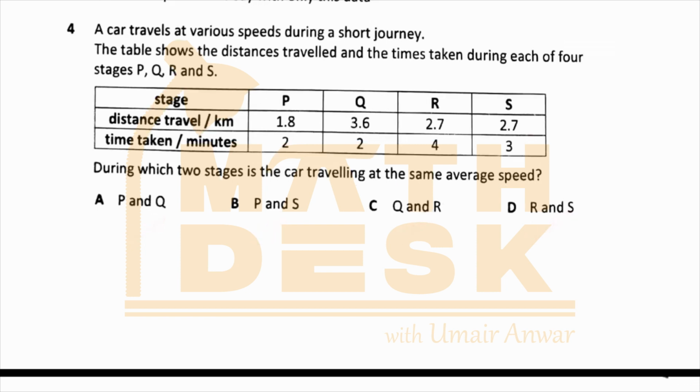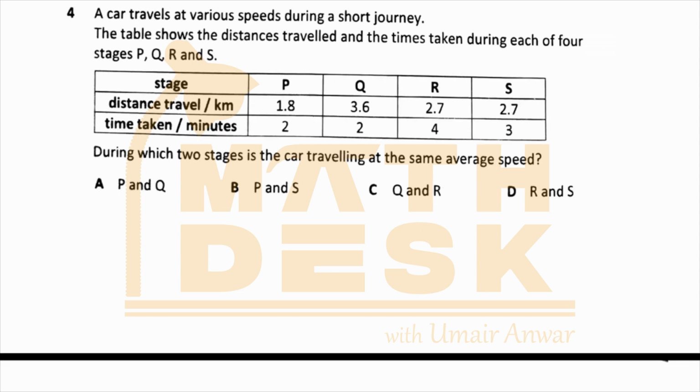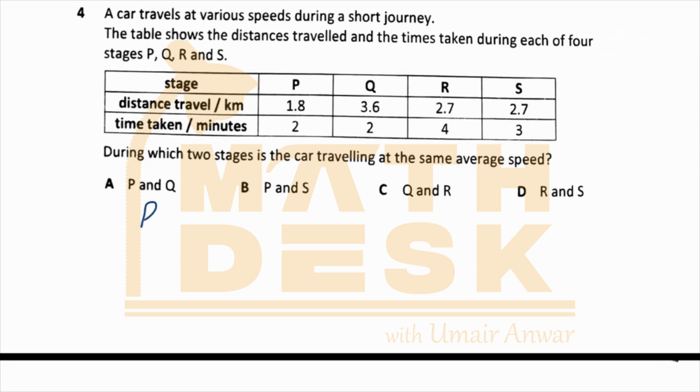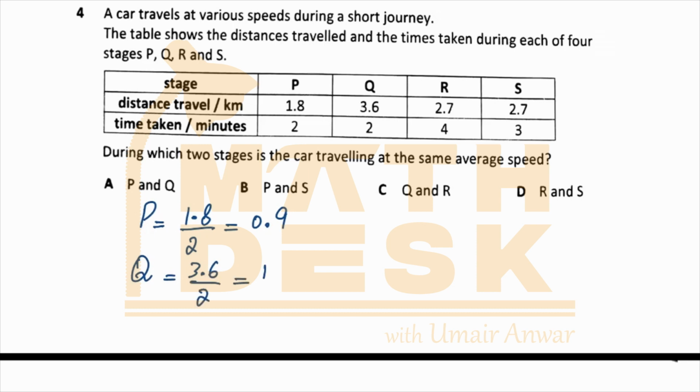To find the average speed, we would have to divide the distance by the time taken. So for P, we would divide 1.8 by 2. So we have a number of 0.9 kilometers per minute over here. For Q, it would be 3.6 divided by 2. So we have a number of 1.8.